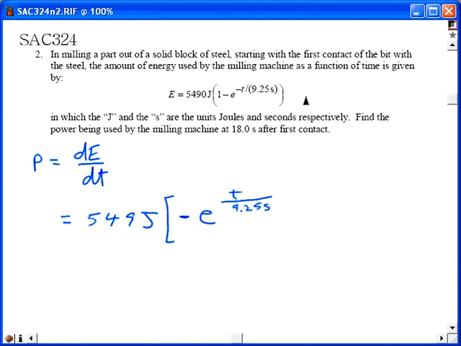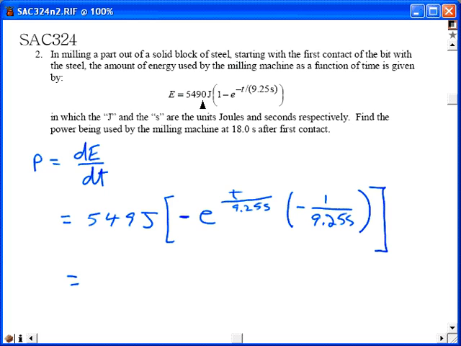Now we have to multiply that by the derivative of the argument with respect to time, which will be, all we have is a constant multiplying t, namely minus 1 over 9.25 seconds times the t, and the derivative of t with respect to t is just 1. Choose not to write that.